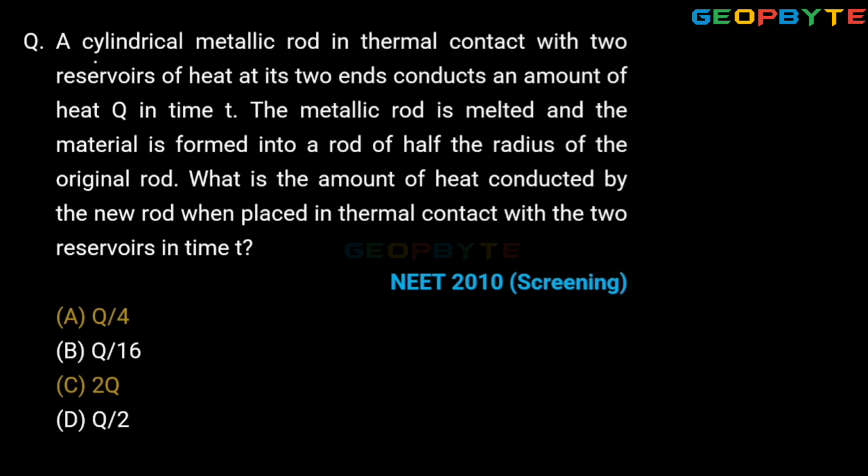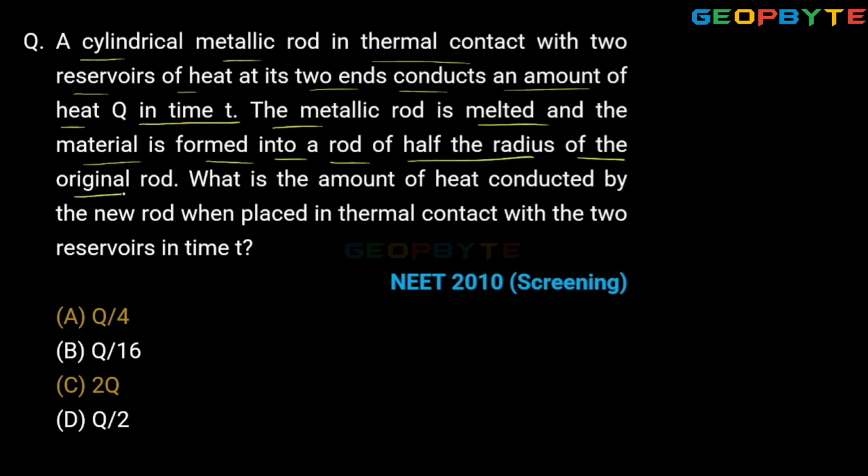Another important problem. A cylindrical metallic rod in thermal contact with two reservoirs of heat at its two ends conducts an amount of heat Q in time t. The metallic rod is melted and the material is formed into a rod of half of the radius of the original rod.